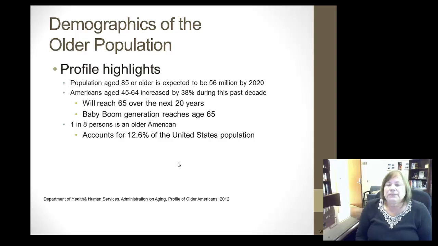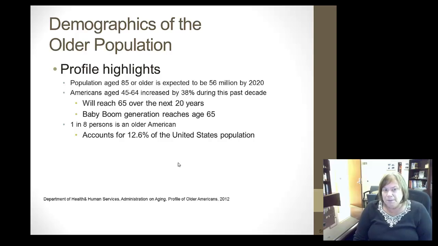All right, next we're going to be talking about the demographics of this patient population of older adults. These characteristics are very important as we plan care for older adults based on our assessment findings, as well as evaluate. In order to provide the best possible care, we need to consider the characteristics or the classic picture of older adults.